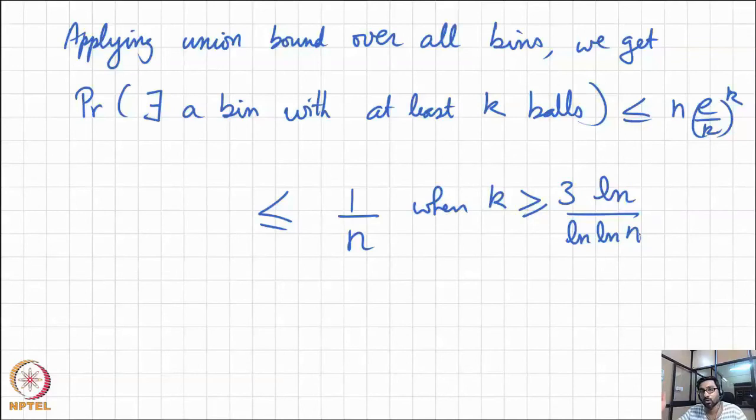In other words, the height of the max loaded bin will exceed 3 ln n over ln ln n with probability that is upper bounded by 1 over n, which is the way we have stated it over here.